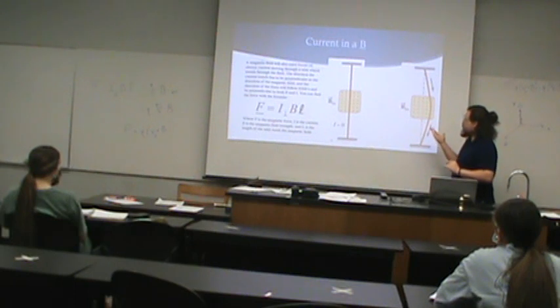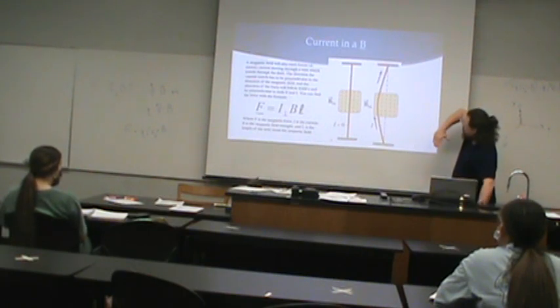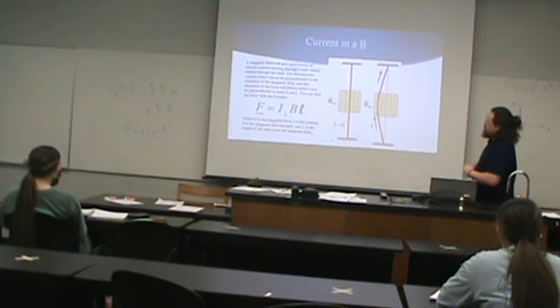The normal right-hand rules from before still apply. Current down, magnetic field into the board, force would point to the right, and the opposite if the current was pointing in that direction. So this is the same flat-handed right rules we've been using.